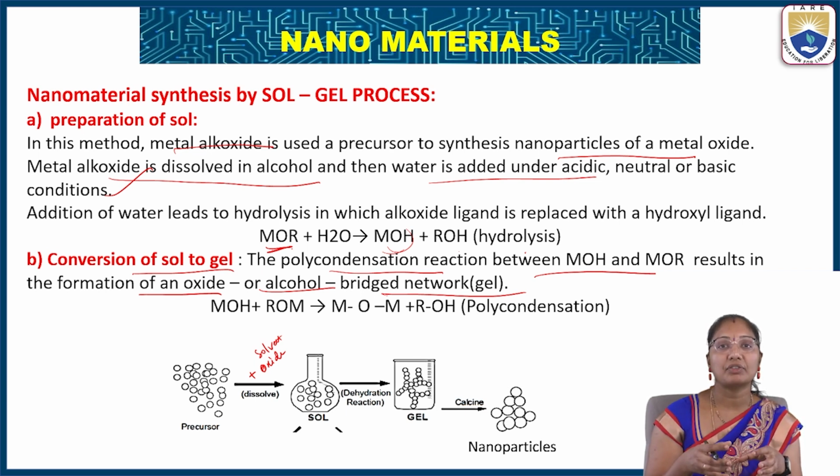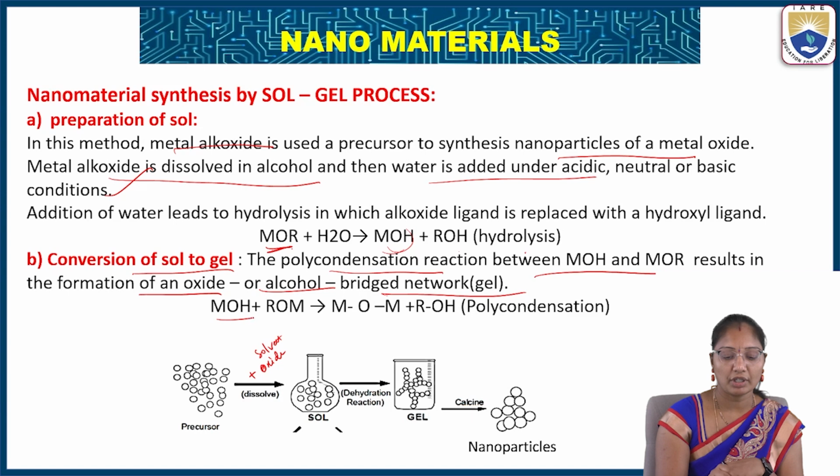The network gel formed here is an oxide or alcohol bridged network. So it forms a network-like structure because of the bonding between the alcohol and the precursor, meaning metal alkoxide, and this bridged network gel. So M-OH plus M-OR gives rise to M-O-M, with bridge bonds formed between these.